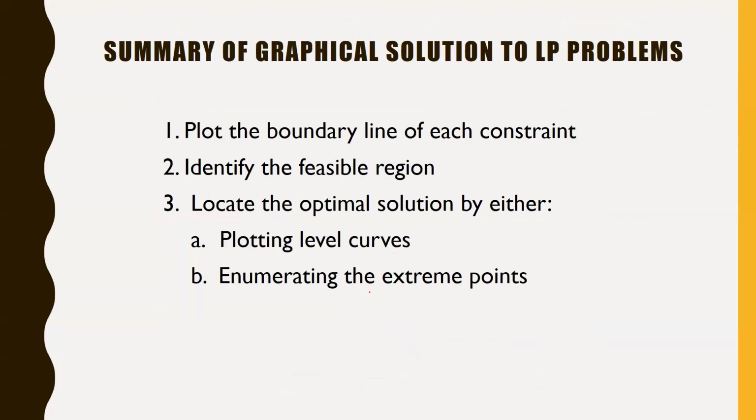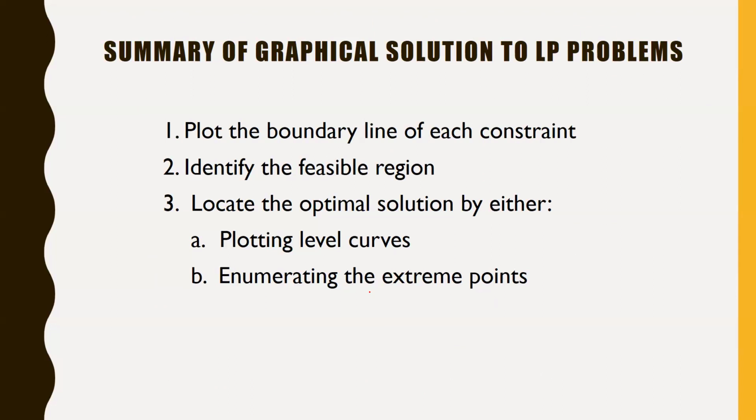Okay, this summarizes the graphical technique as I showed you previously. The first step, you plot the boundary line or the constraint on the side, and then you collect the area where all of the lines connect. That means we identify the feasible region.